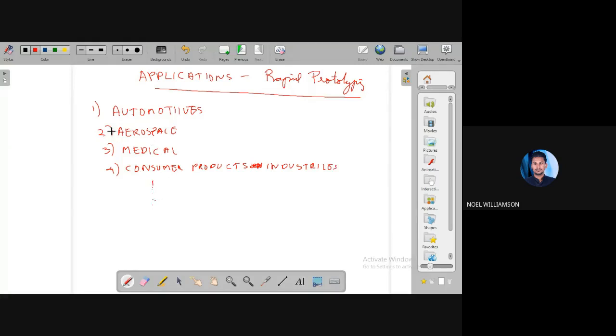These are the main things. These are not the only cases, but these are a few among them.